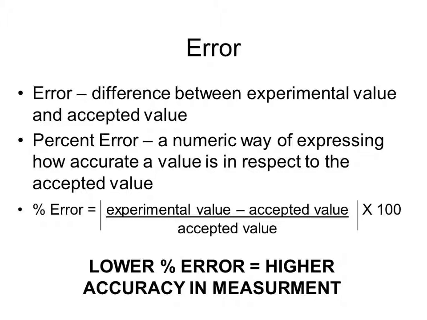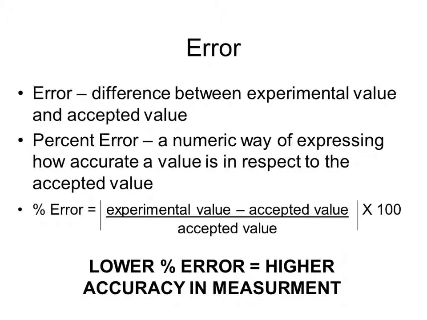So, for example, if you had a 0.1 gram error in a sample that is 1 gram versus a 0.1 gram error in a sample that's 1,000 grams, you can see that 0.1 grams in 1,000 grams is probably a lower percentage error than 0.1 gram in 1 gram. So the percent error is the better methodology for reporting error, because it's a relative weight against the size of the accepted value.